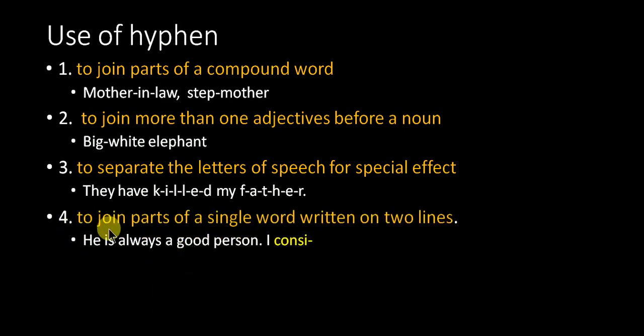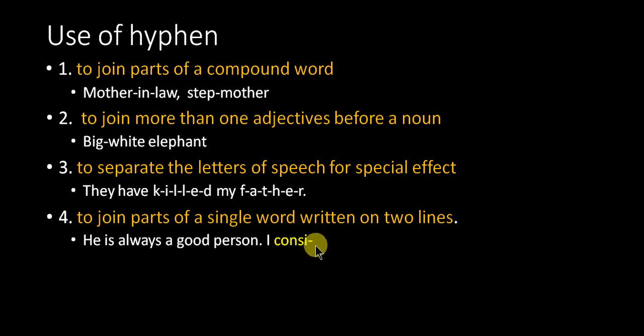The next usage is to join parts of a single word written on two lines. This is very common, and while pre-reading we discussed this point. How do you write a word when there is very little space at the end of the line? For example, he is always a good person, I concede.